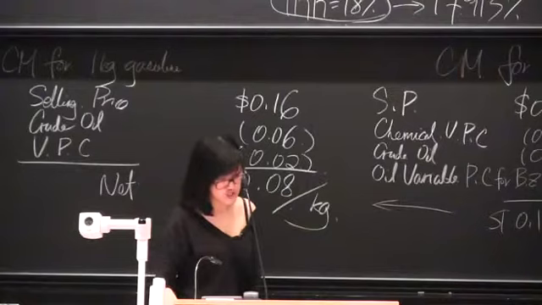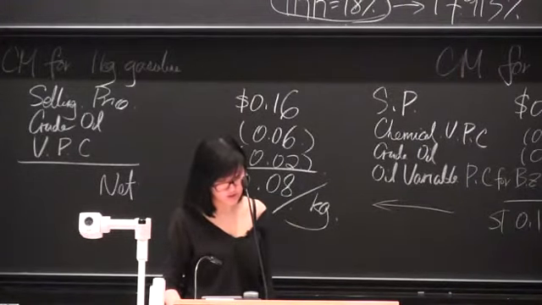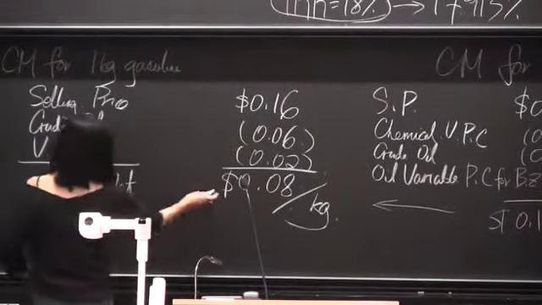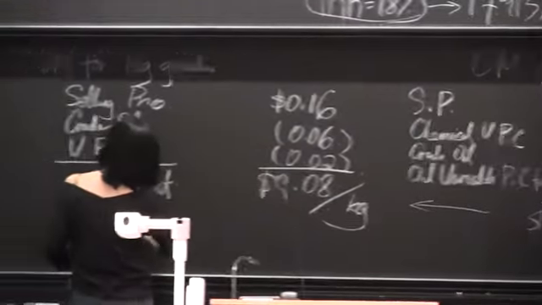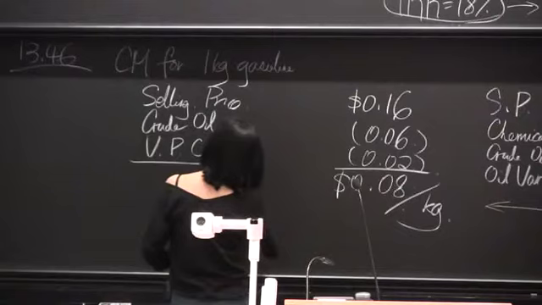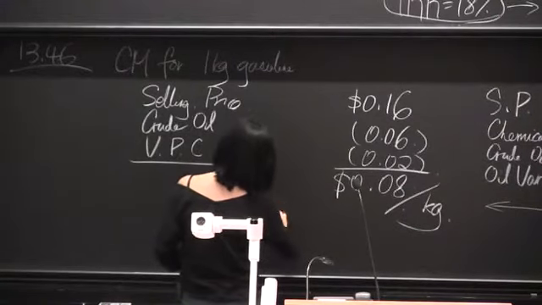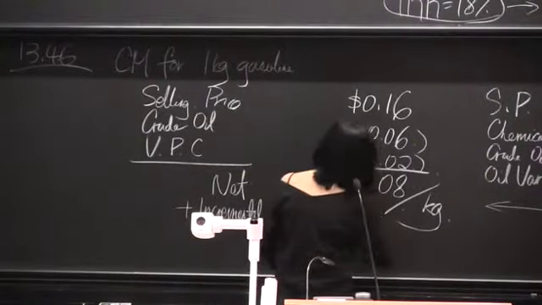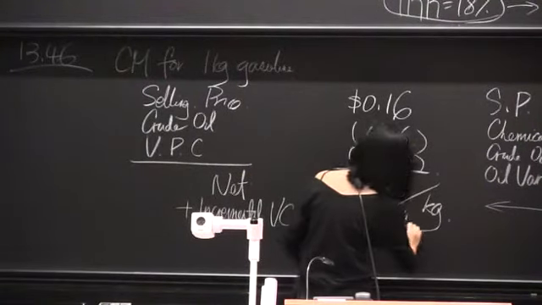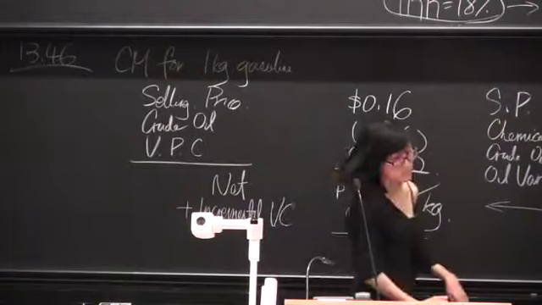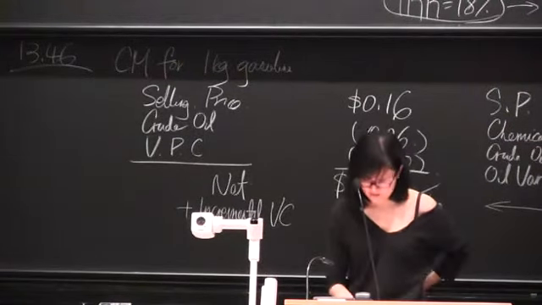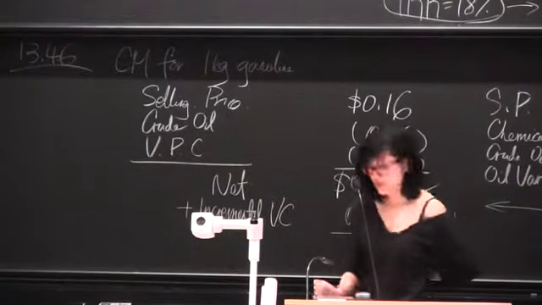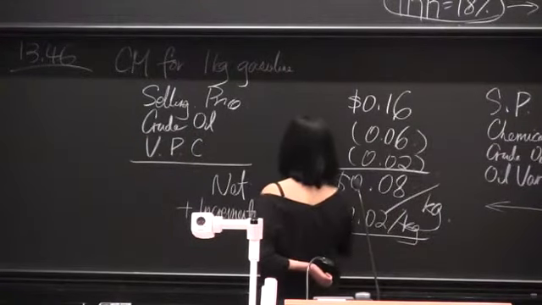So the incremental variable cost. So it will be this plus, which is 10 cents per kilogram. This is the incremental variable cost for benzene.